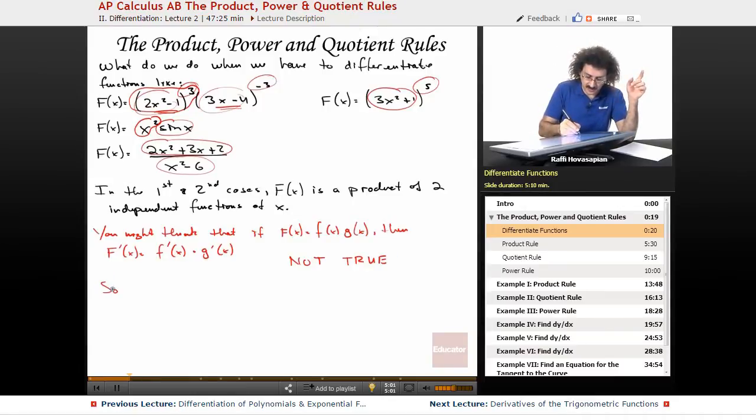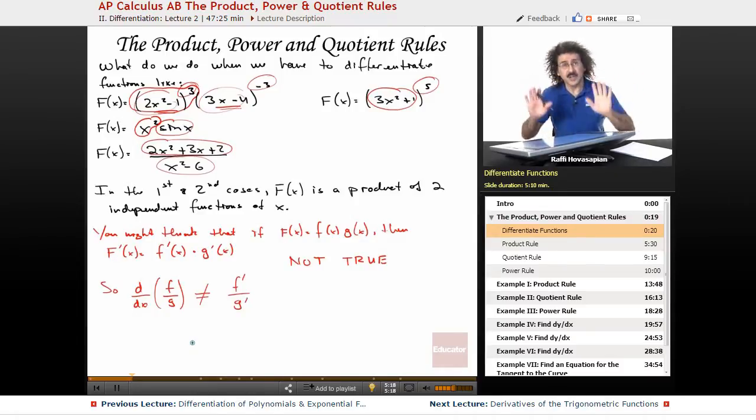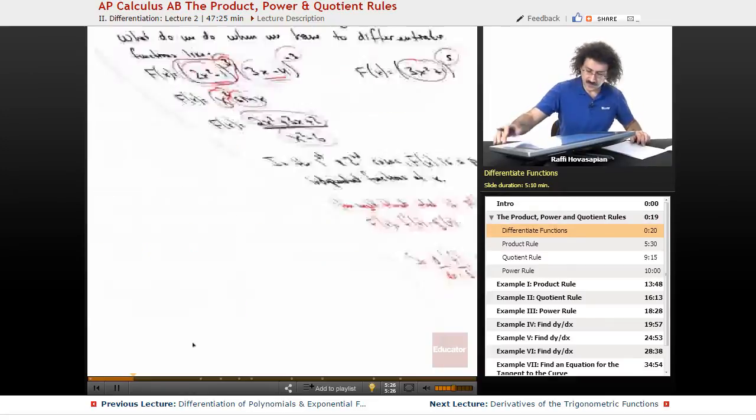So the derivative of f over g does not equal f prime over g prime. Here are the rules for handling products of functions, powers of functions, and quotients of functions. So let's go ahead and go through these.